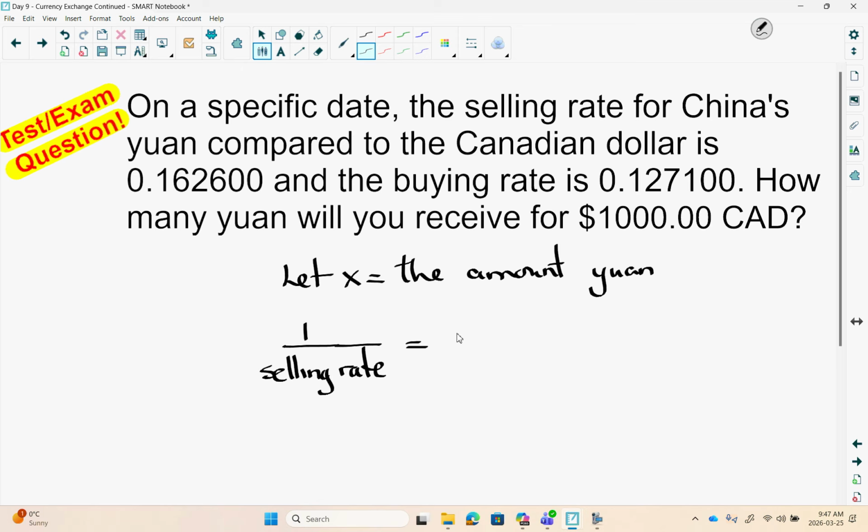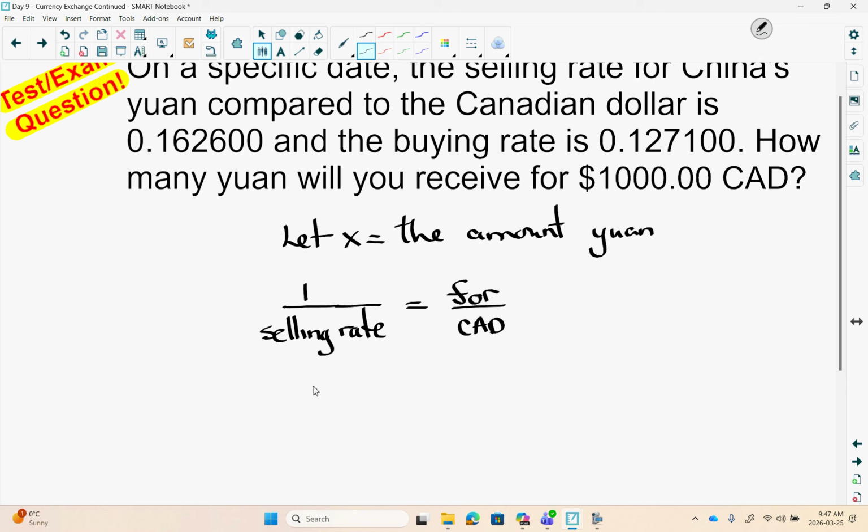And it's going to equal the foreign amount over the Canadian amount. So when I fill in the proportion, I am going to use 1 over which of these numbers up in the problem represent the selling rate. The first decimal.